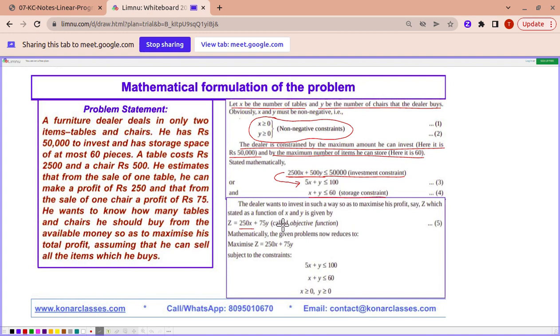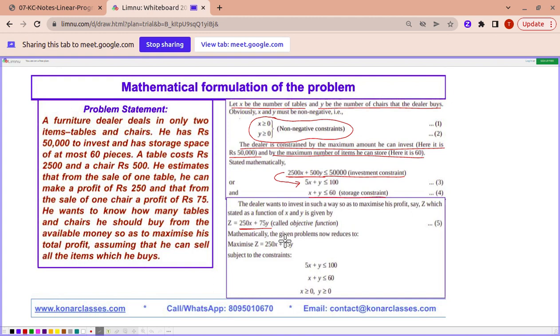Now, by selling x tables and y chairs, the profit amount will be 250 into x plus 75 into y. Our objective is to maximize that value, 250x plus 75y.